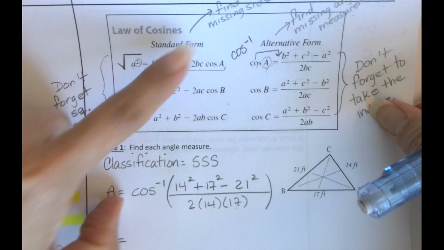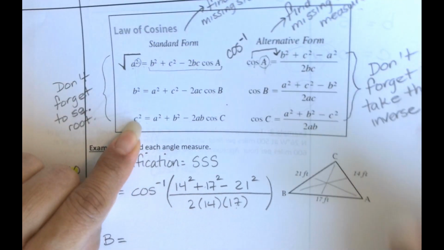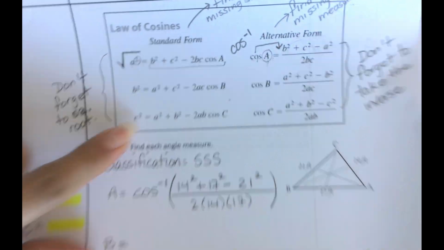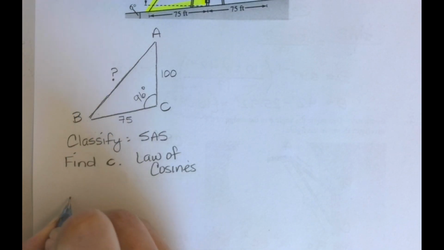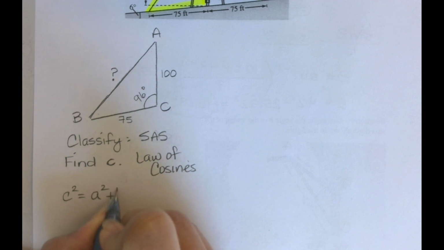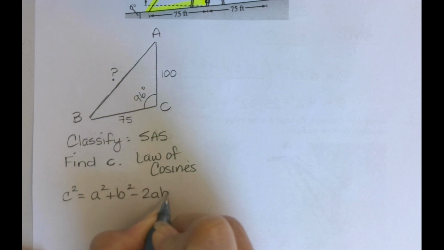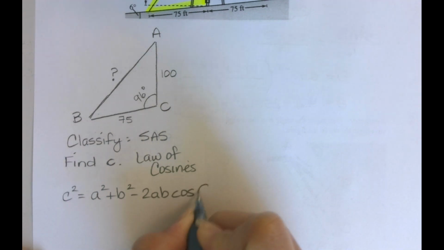Standard form. Very good. Standard form is for missing side length. So we're looking for little c, so I'm going to write out this formula for you guys, and then you guys substitute. So c squared equals a squared plus b squared minus 2ab cosine of capital C.